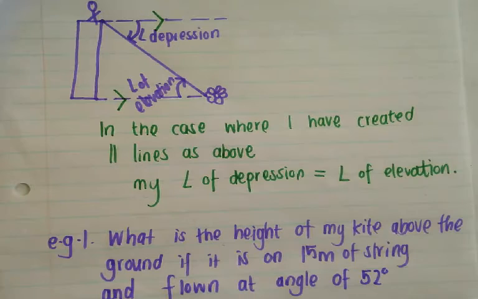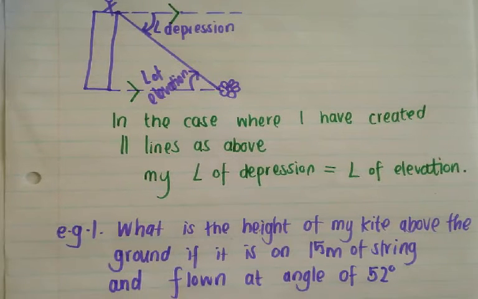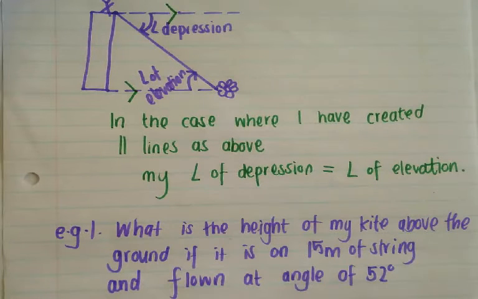Would that 52 degrees be an angle of depression or an angle of elevation? Elevation. I'm looking up at my kite in the sky, right?